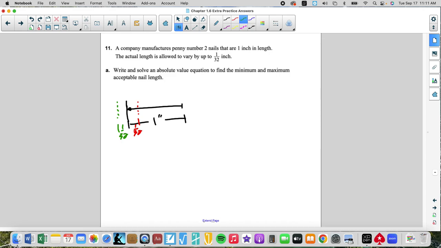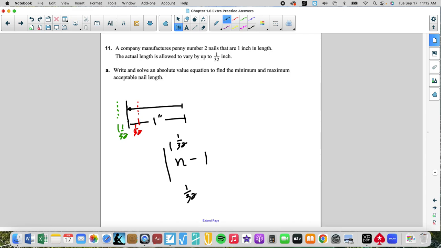So if we have this absolute value, it's whatever that value is. Let's do n for nail length, minus 1. So let's think about that. If we have this nail length, if it's 1 and 1/32, minus 1, it'll produce 1/32, and that would be okay, right?